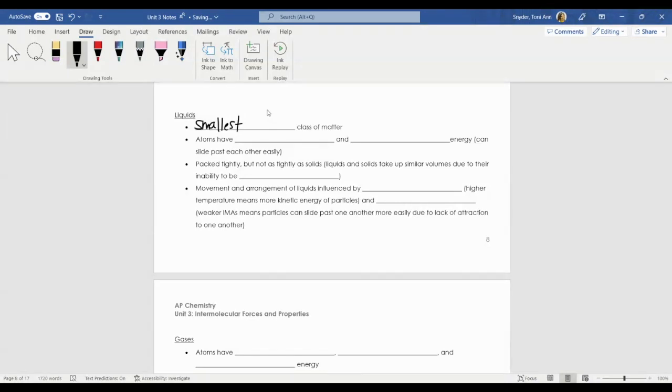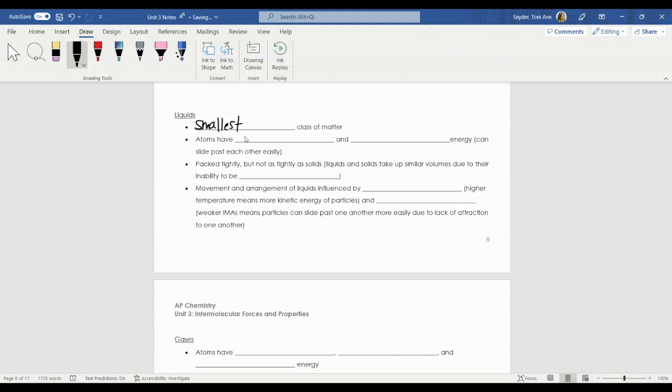So most liquids we are familiar with have water in them. But overall, liquids are the smallest class of matter. It's very unlikely for a lot of particles to exist as a liquid. At our conditions of pressure and temperature, most things will exist either as a gas or as a solid.